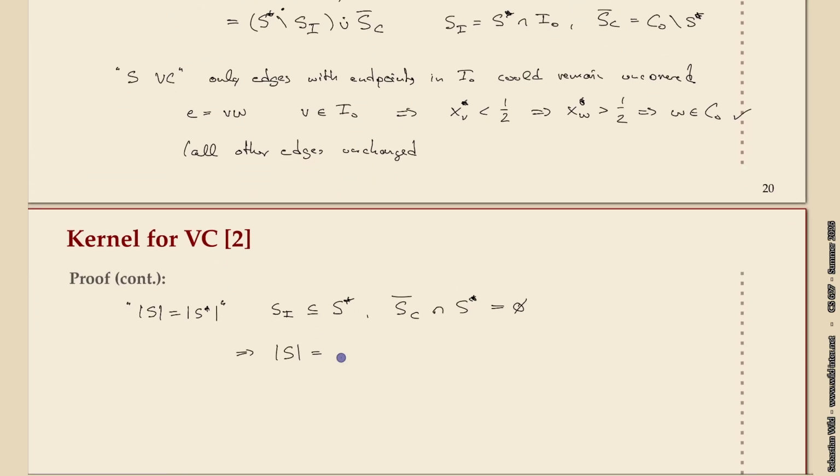The size of our S is the size of S star minus the size of Si plus the size of SC bar. Okay. Follows just from this. So it suffices to show that what we subtract is at least as much as what we add.